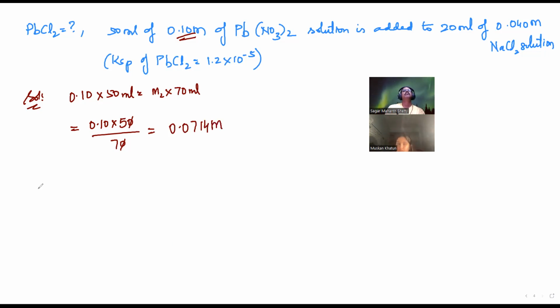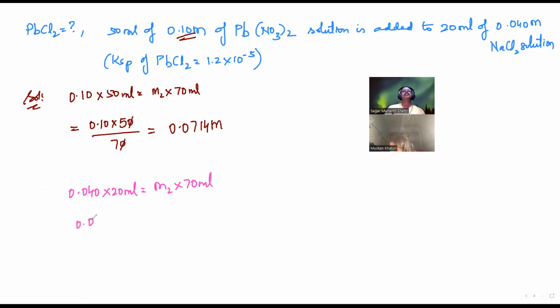Now let's find out for chlorine. What is the M value given there? 0.040 times 20 ml is equal to M2 times 70 ml.